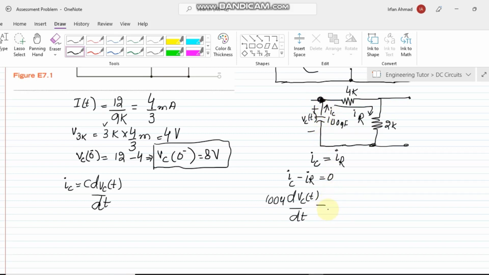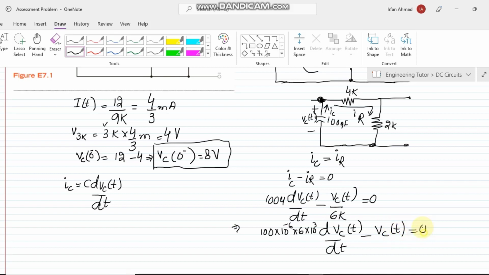Now writing this together, VC(t) divided by 6 kilo, that is equal to 0. In order to simplify it, let me multiply both sides with 6K. When I multiply 6K with this one, it will be 100 into 10 raised to the power minus 6, multiplied by 6 into 10 raised to the power 3. So dVC(t) divided by dt minus, multiplying with 6K, it will be VC(t), equal to 0.